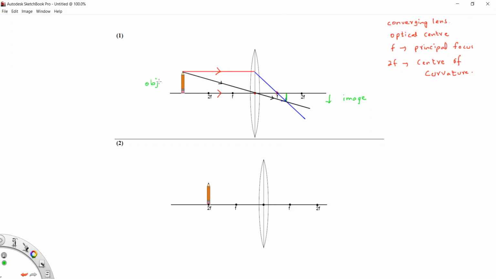If I ask you the characteristics of the image, the image is clearly real and inverted. Then it is smaller in size, am I right? And it is on the other side of the lens.